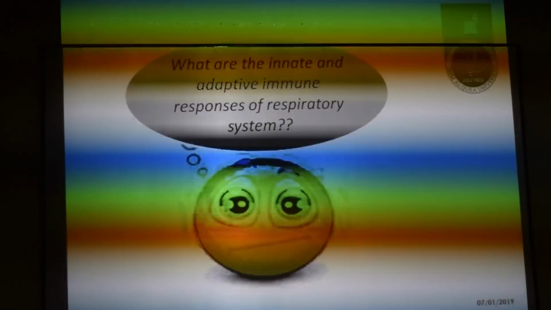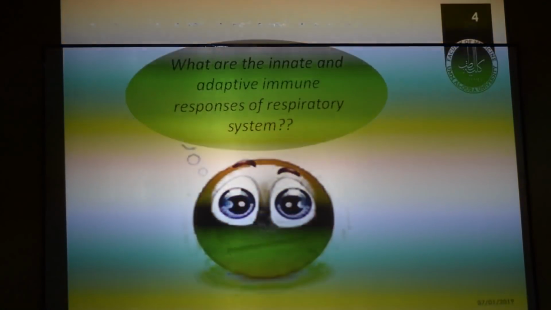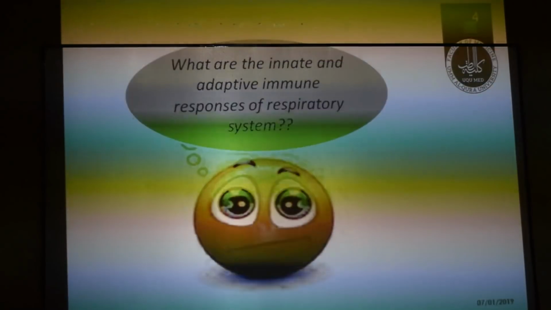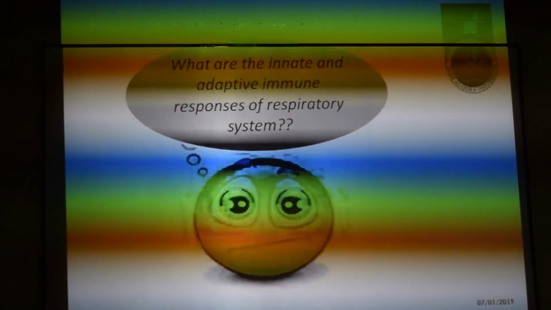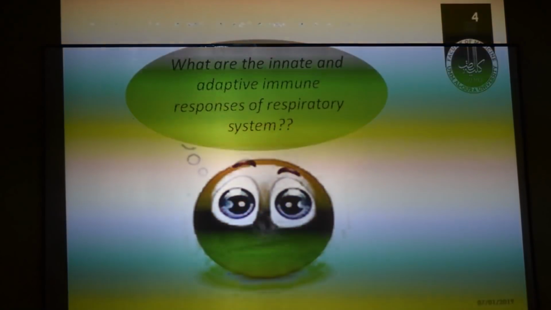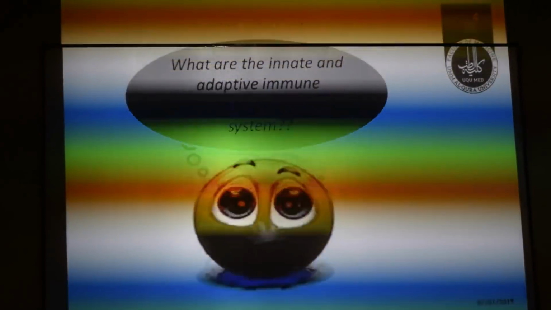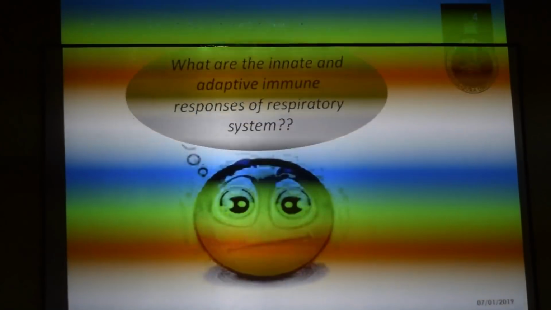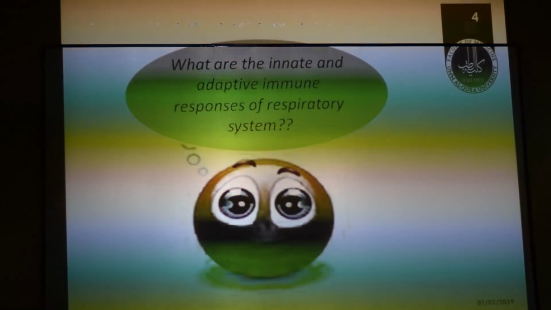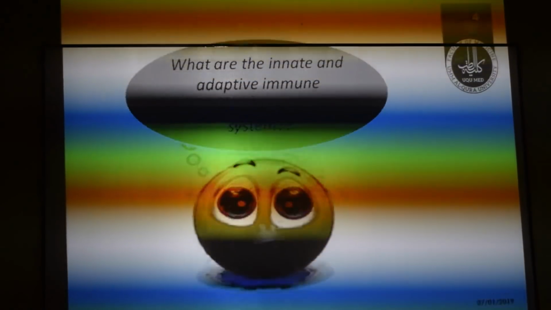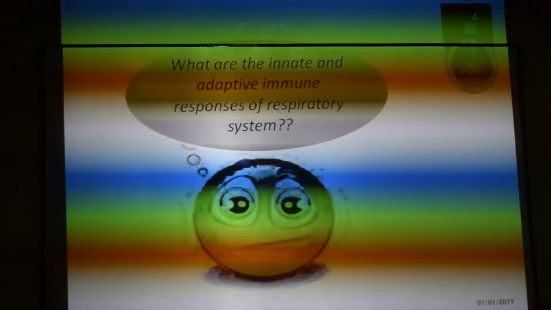Do you expect any barriers? Physical barriers. So the epithelium comes first, then that has those ciliary actions from the cilia. What else? Mucosa. What will it do? Trap the pathogens.